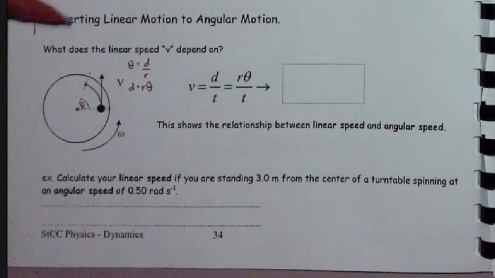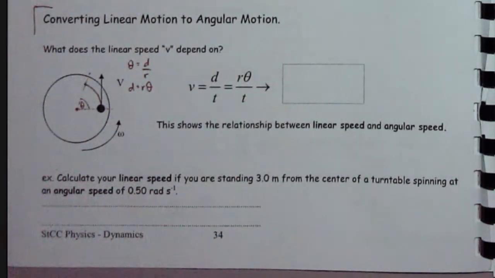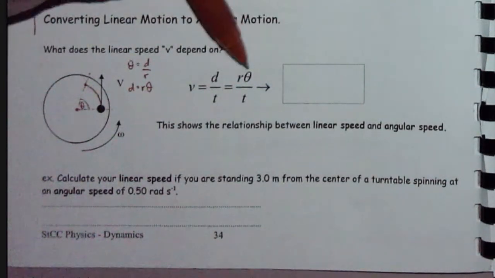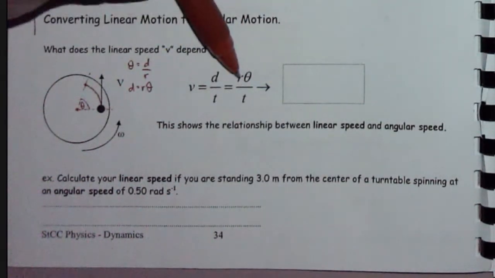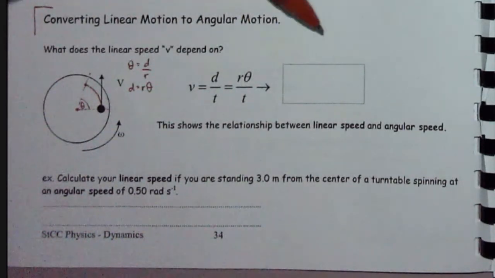The linear speed of this thing is therefore going to be the distance that it's traveled divided by the time that it's traveled. So the velocity is the distance over time, and that's equal to r theta over time. The radius isn't changing. It's not getting further away or closer to the axis of rotation.